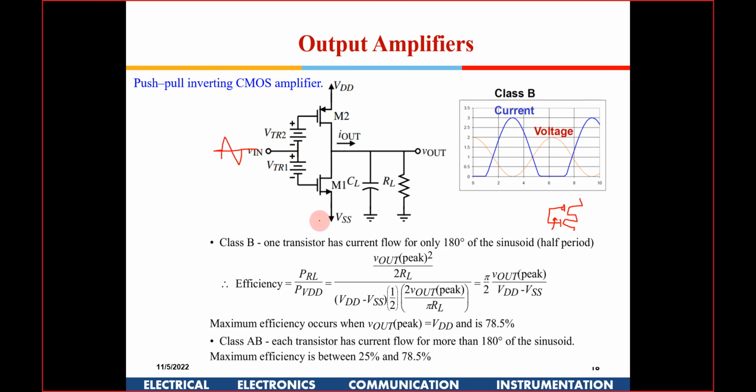I am giving a negative voltage here and a positive voltage here. The moment this goes slightly positive, it is already at the edge of the threshold. So I am giving the threshold voltage already, so that even a small signal doesn't get lost because of the threshold. So I am biasing it accordingly about the threshold voltage.